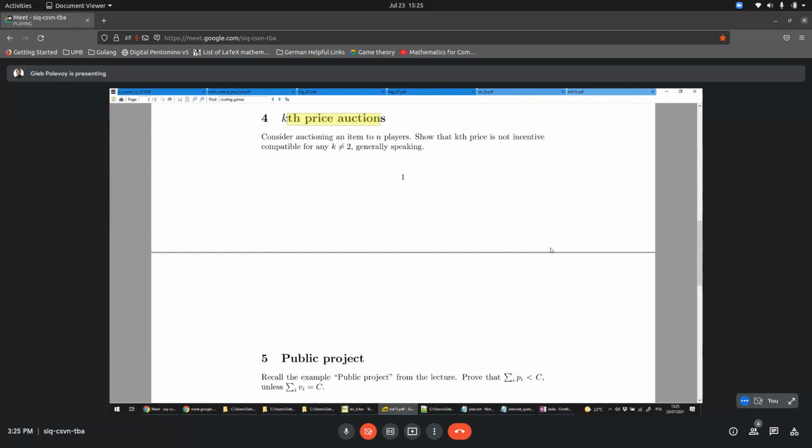Because if your bid is in any way higher than the second price, you're still always getting the same utility. Your utility is independent of your bid, if your bid is greater than all the other bids.